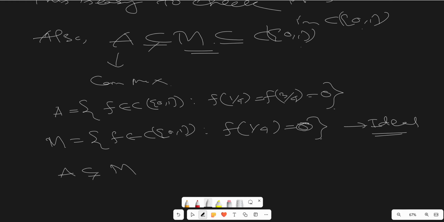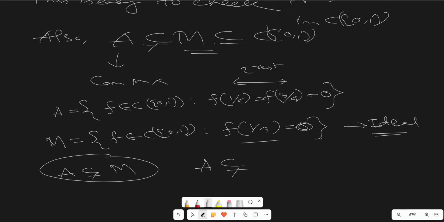A is properly contained in M because A is vanishing at exactly 2 points. There are two restrictions, and there is only one restriction. So this is already contained in here, and this is also properly contained in here. You can verify, right? So A is an ideal. Our ideal is A. We have a proper ideal M. This is properly contained in M, and M is an ideal of our ring.